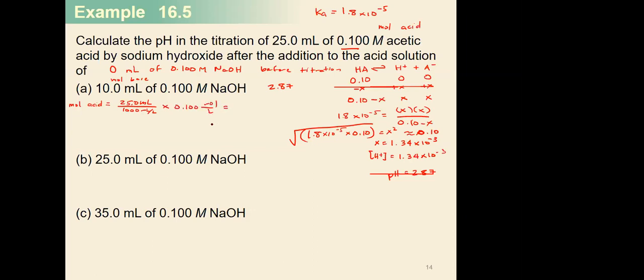That is equal to 2.5 times 10 to the negative 3. That's the available H plus that you have in the system.